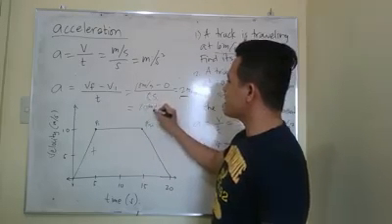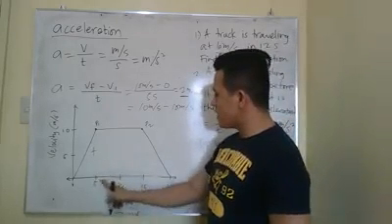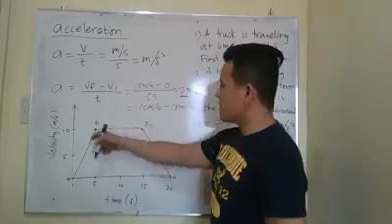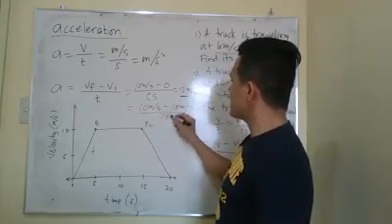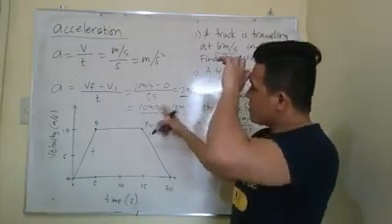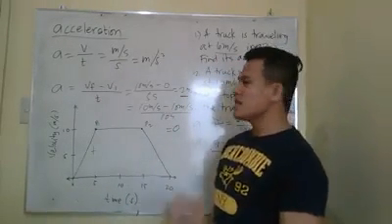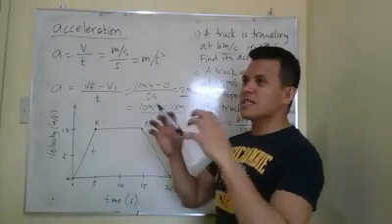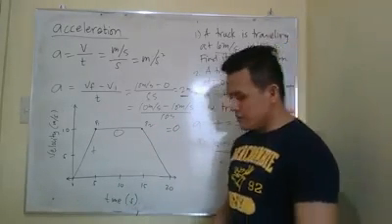So we have 10 minus 10 meters per second, and the time covered is from 5 to 15, so it's 10 seconds. That's 10 minus 10, that's 0. So that's 0 acceleration. Remember, teachers, if the velocity is not changing, acceleration there is 0.